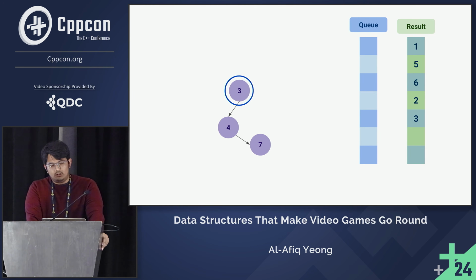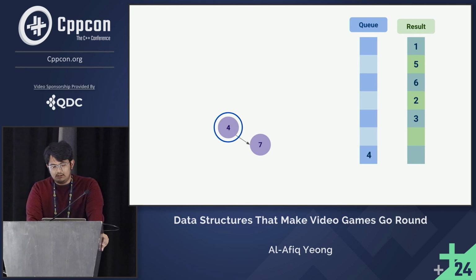Pop number 3 from the queue, add it into the result buffer, iterate through the graph, remove any incoming edge from vertex number 3. And now 4 no longer contains any incoming edge. And remember, the condition to add a vertex into the queue is that it needs to not have any incoming edge. So we add that into the queue. Continue with the loop's iteration because the queue is not empty.